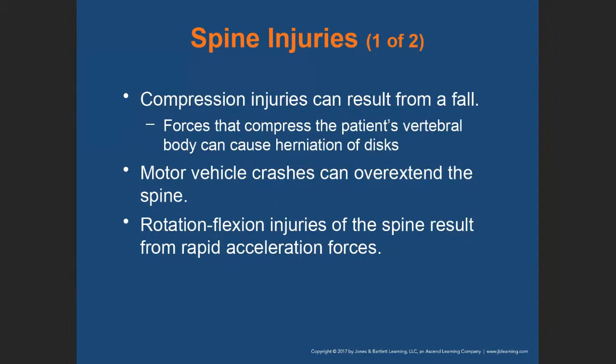All right, now spine injuries. Compression injuries can result from a fall. Forces that compress the patient's vertebral body can cause herniation. So a disc can shift from its normal position. That can cause complication with the spine. Motor vehicle crashes can overextend the spine. You can get rotation, flexion injuries of the spine, which results from rapid acceleration forces.